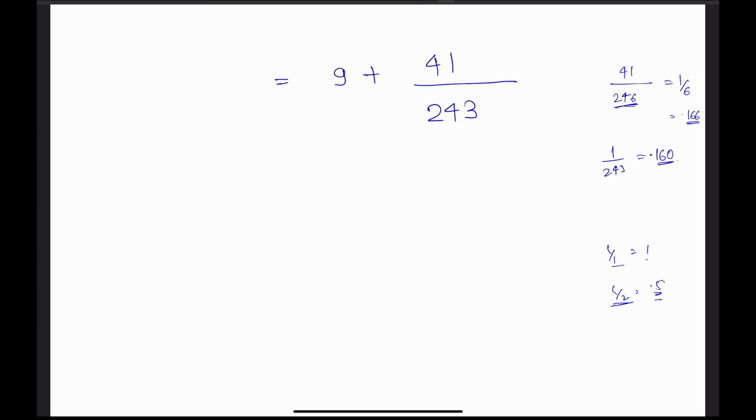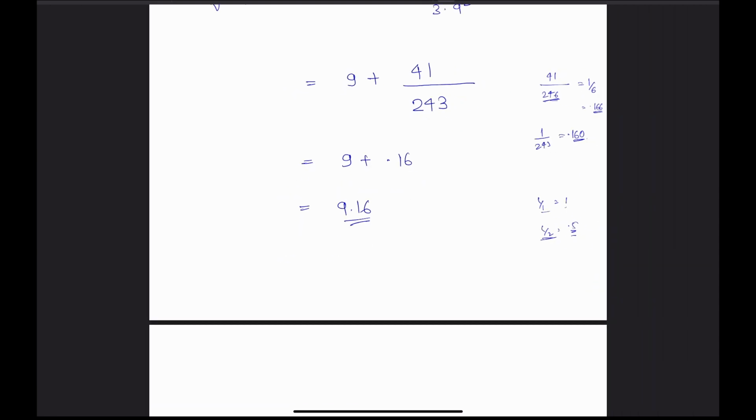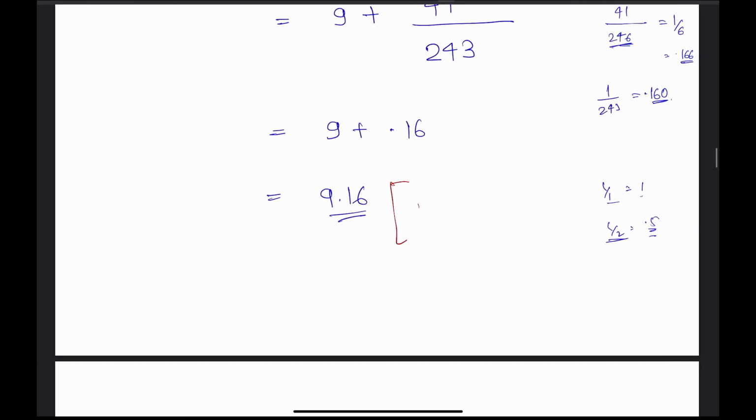So it will be 9 plus 0.16, somewhat 9.16. If we try to find the value with the help of the calculator for 770, with the help of the calculator it also came at 9.165. So again, it's near whatever we are trying to solve. Let's take a few more questions on the same concept.